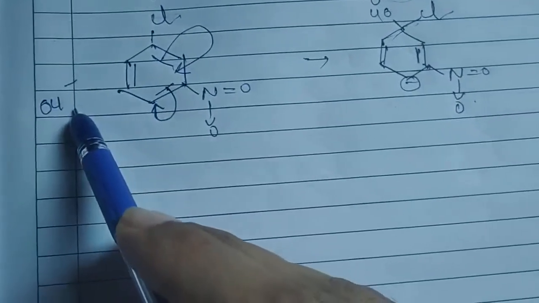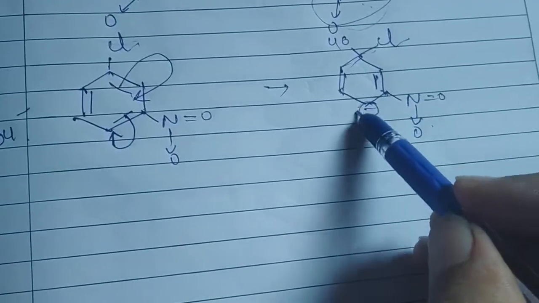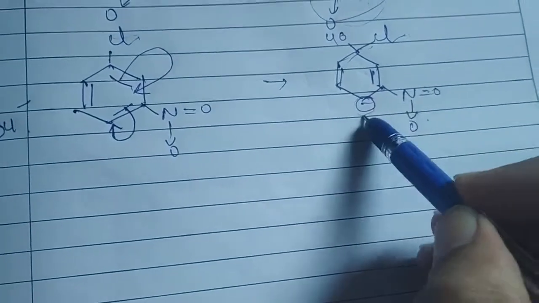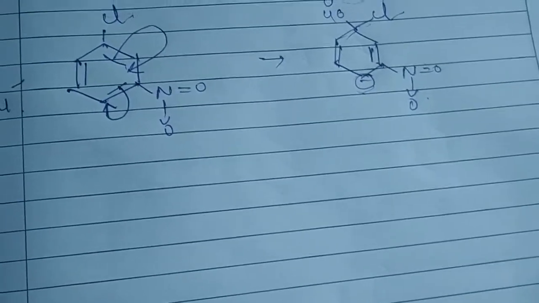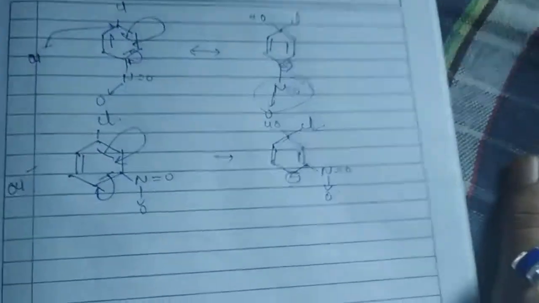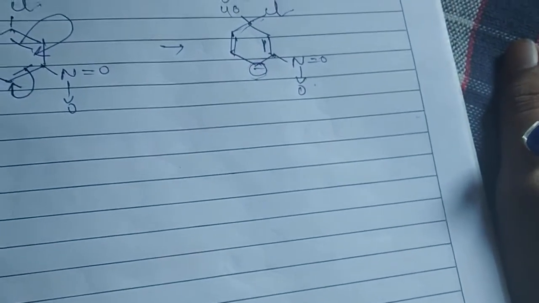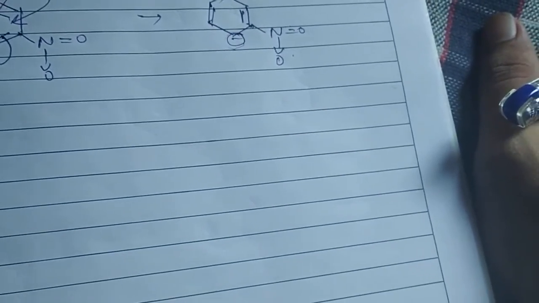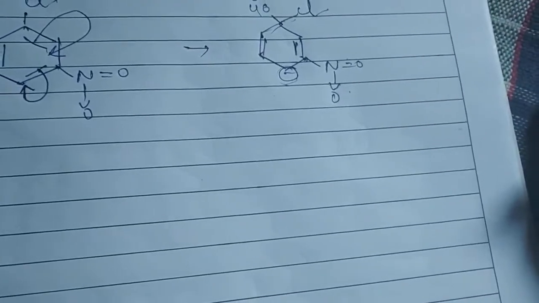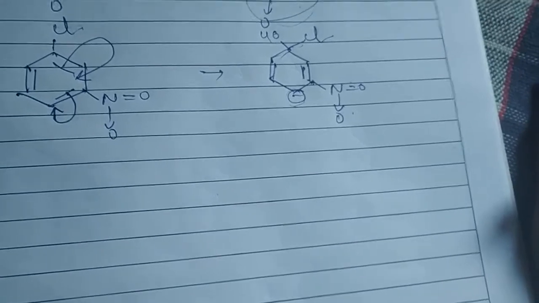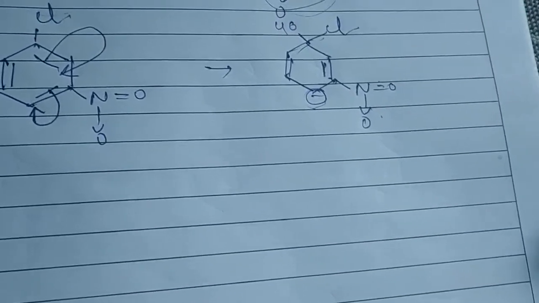But when we consider the meta position, the carbon ion is present at the side adjacent to the carbon atom containing the electron withdrawing group. So when this happens, of course the stability of those carbon ions will be decreasing. So when the stability decreases, what happens? The reactivity of the haloarenes, meta substituted haloarenes, decreases towards nucleophilic substitution reaction.